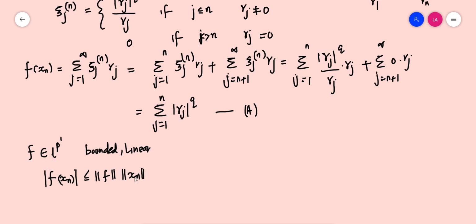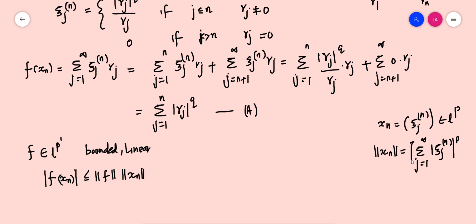Now since xn is the sequence theta jn, which is taken to be an element in lp, the norm of xn should be equal to the summation j equal to 1 to infinity of modulus of theta jn the whole raised to p, the whole raised to 1 by p.